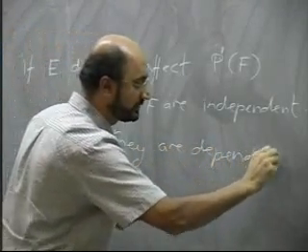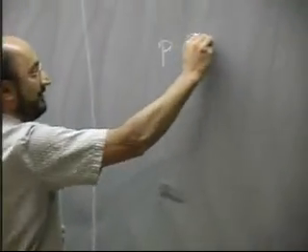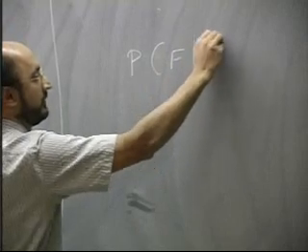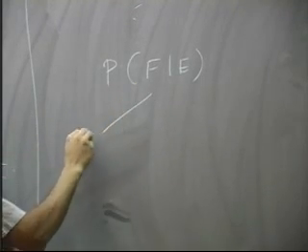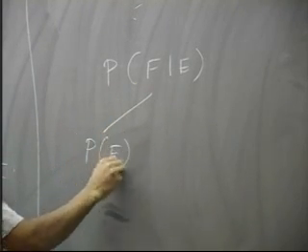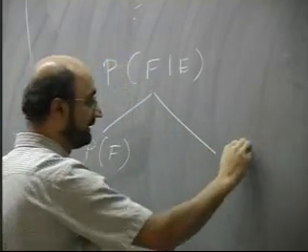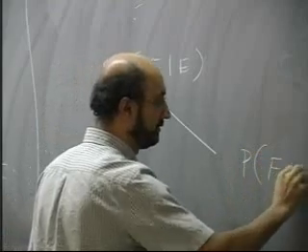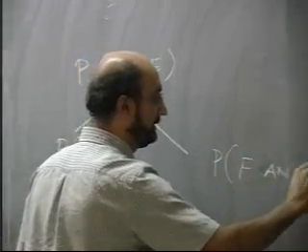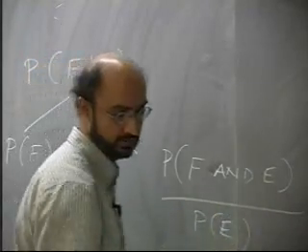And we introduce a new notation, which is probability of F given E, where the vertical bar is read as given. So what's the probability of F given E? Either it's the same, it's the probability of F, which was before, or otherwise it's defined to be basically the probability of F and E over P(E).